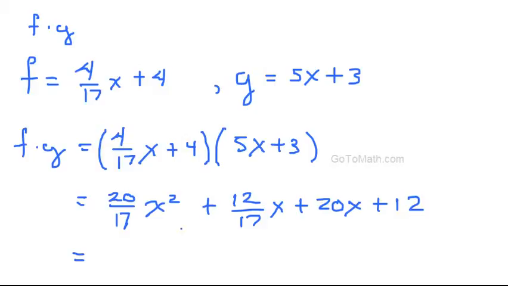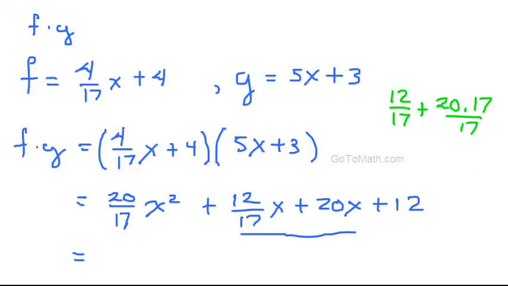Okay, and so let's see, we want to collect up our like terms. That's going to be these two here, which means that we need to add these two fractions together. Do a little side work over here. 12/17 plus 20. So we're going to need to get a common denominator, and so we can now join these together. So we have 12 plus 20 times 17.